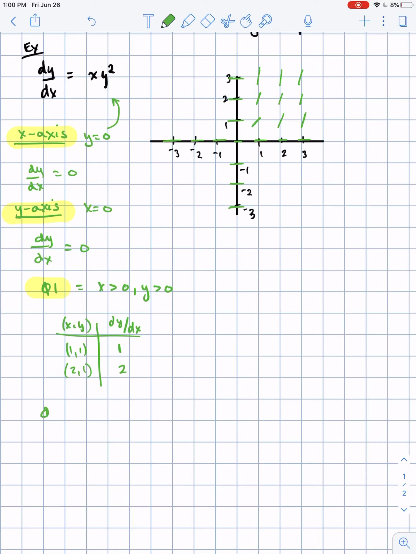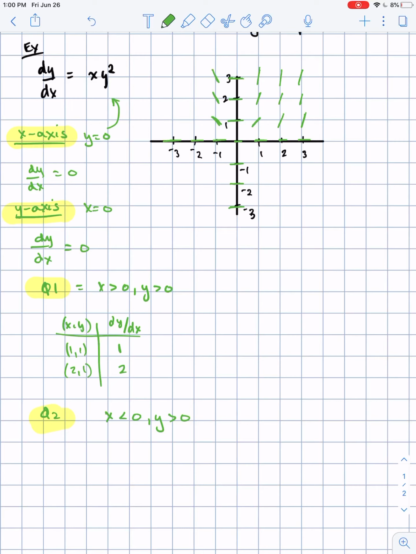In quadrant 2, you know you're going to have negative slopes because x is negative and y is positive. So it's the same idea. You could do the same table. I'm just going to do this quickly, where here I would have a -1 slope. As I go up, it'd be a -2, and then, I'm sorry, -4, and then -9.